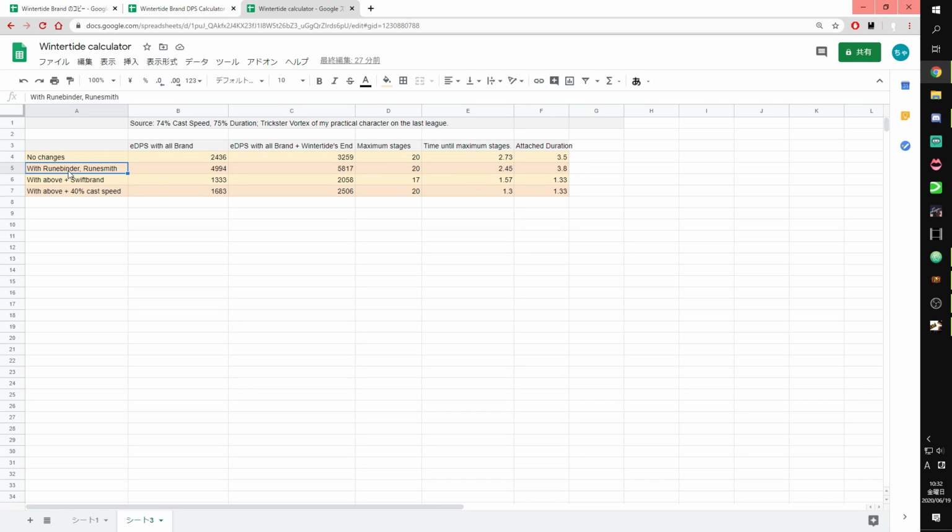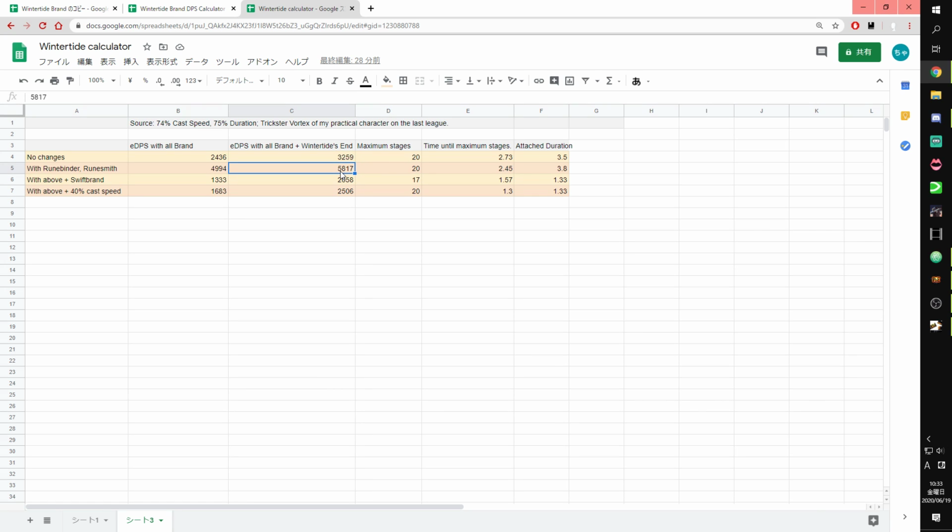If adding Rune Binder and Rune Smith, effective DPS with all brand is 4.9 thousand, and effective DPS with all brand plus Wintertide is 5.8 thousand, which is around 1.8 to 1.9 times higher damage than no changes.